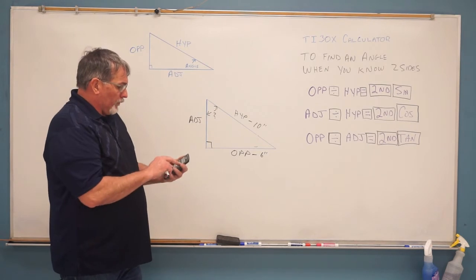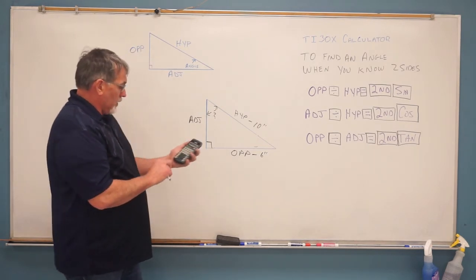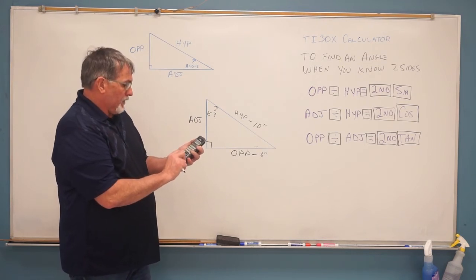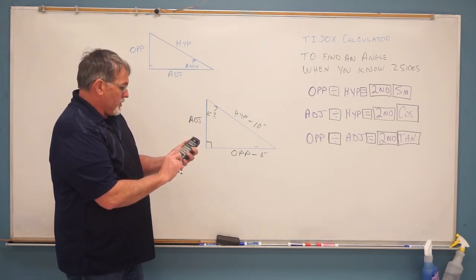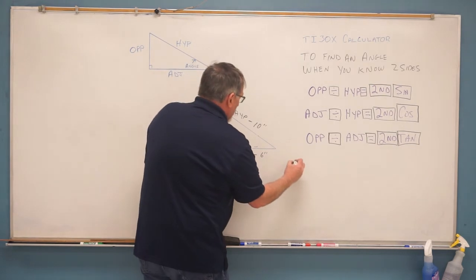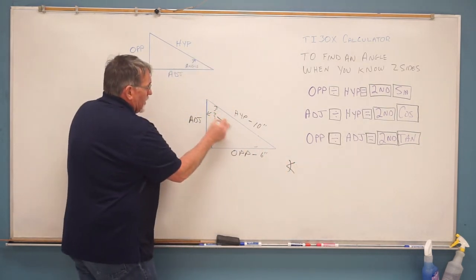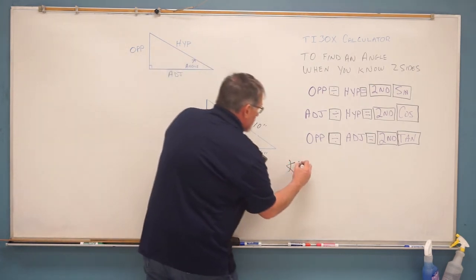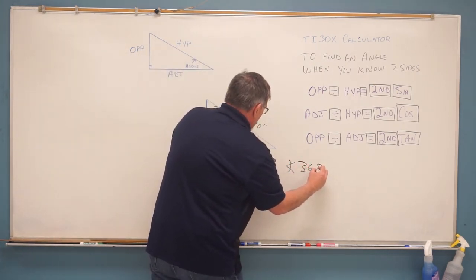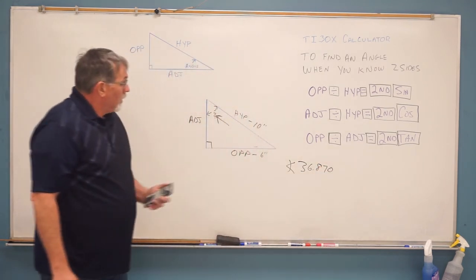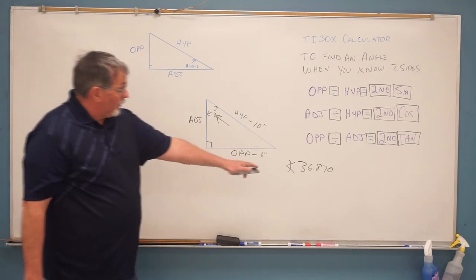So we can use our first formula. So our opposite is 6 divided by the hypotenuse of 10 equals second sine. So that angle, so now we're talking about this angle up here, is going to equal 36.870 rounded off.